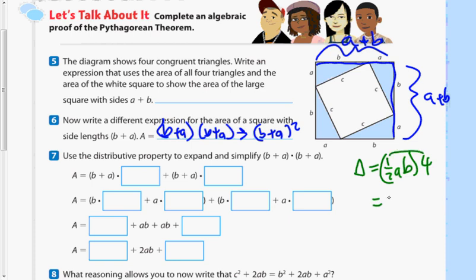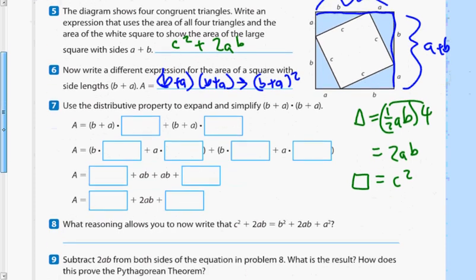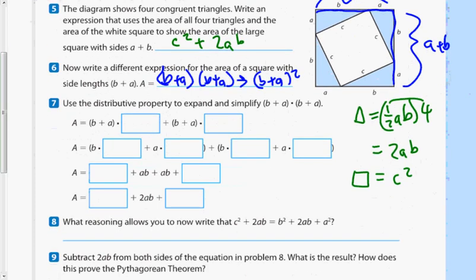These are the 2 you multiply together. You get 2A times B. Now for the square, it's just C times C, so C squared. So if I add those 2 together, and this is for number 5, C squared plus 2AB. That'll get us the area of the whole thing a different way. Now we're going to see how those things actually make the Pythagorean theorem work.